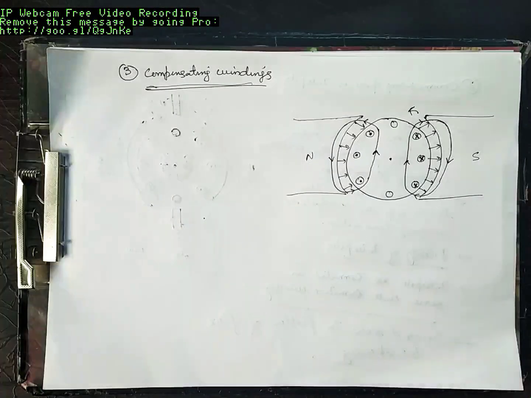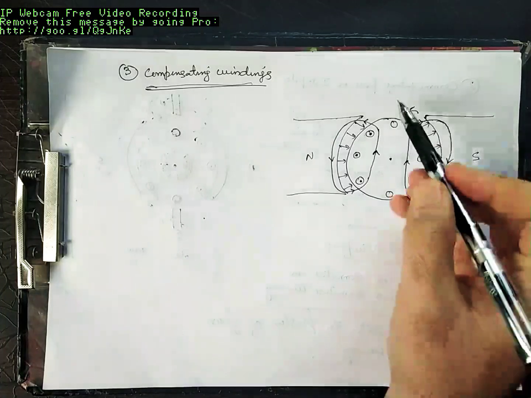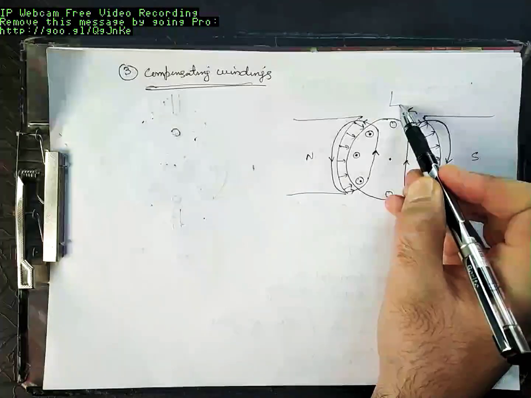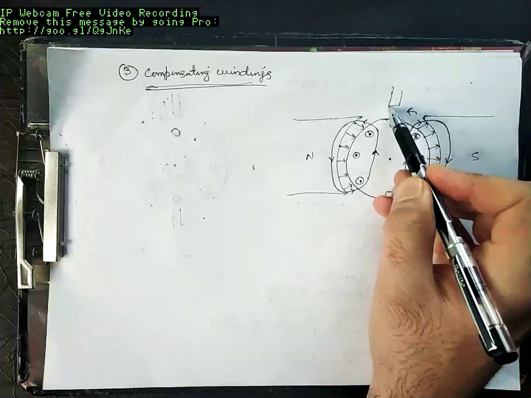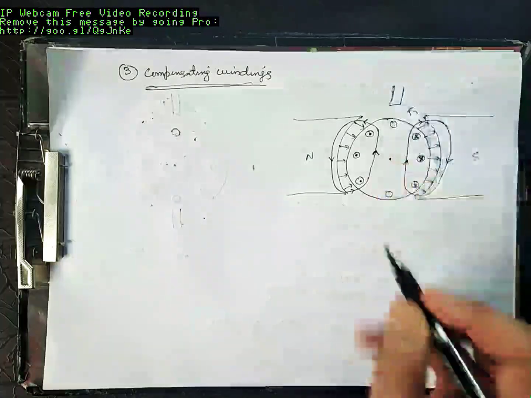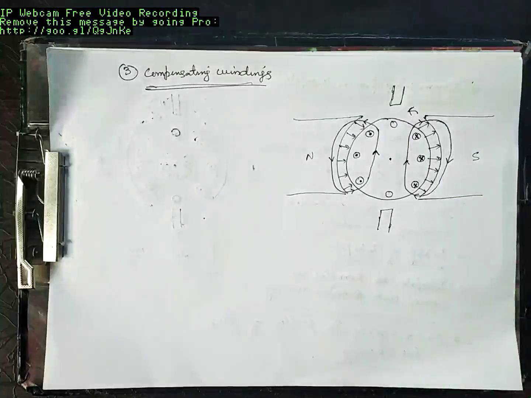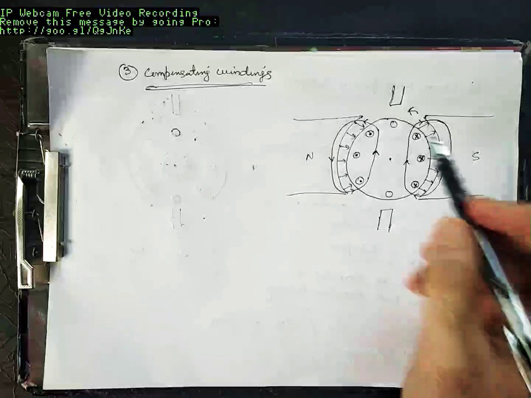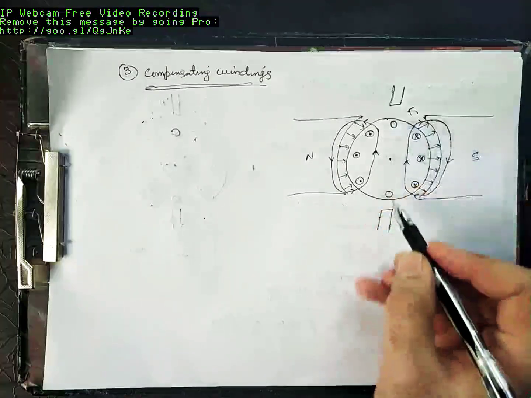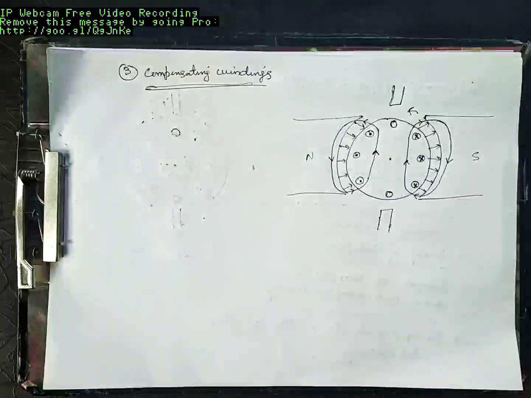In the previous case of interpoles or commutating poles, we used interpoles over here and over here. These interpoles ensured that the voltage induced in this conductor and this conductor was zero when they were being commutated from one pole to the next.